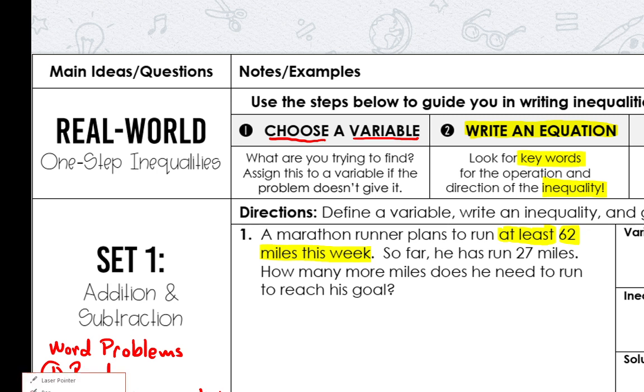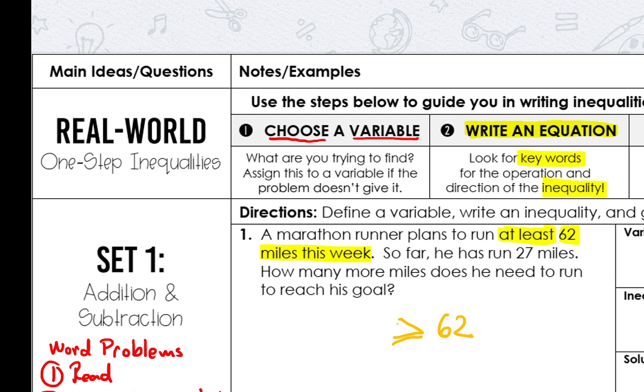What does the phrase at least mean? At least 62 means I'm looking for something greater than or equal to 62. My spotlight is 62, but when I say at least, I look for numbers greater than.